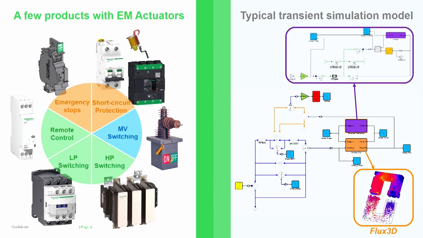In blue, you can see what we would call the power electronic part. On this product, this is actually the model of the small contactor for heating system. Almost no electronics, just a freewheel diode and the coil, of course. We also have in orange the electromagnetics. We use results from Flux3D, and we'll see that in detail later on.